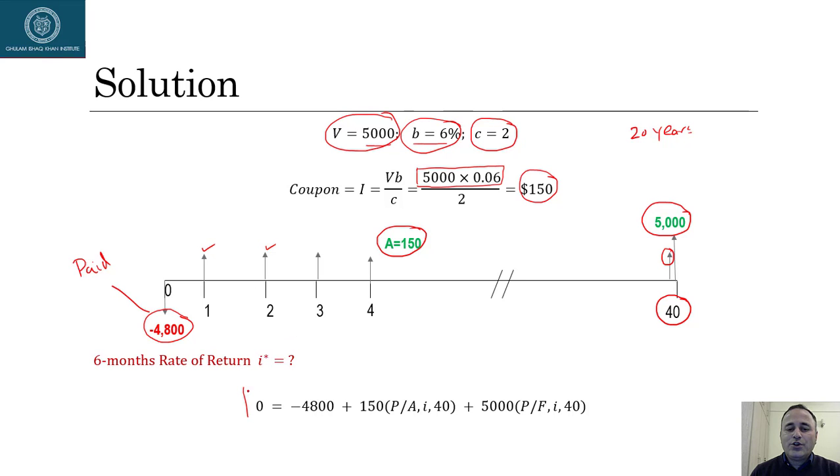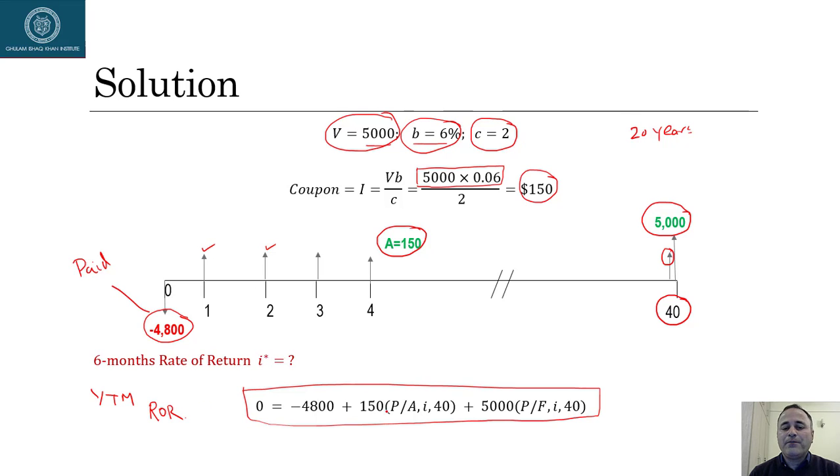So this is the equation that we use in order to calculate the internal rate of return. In bonds, actually in finance language, they also call it yield to maturity, YTM, or rate of return, whatever.